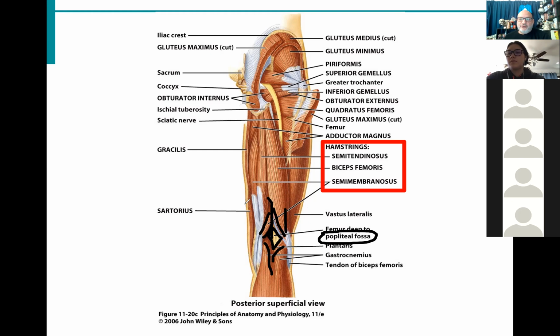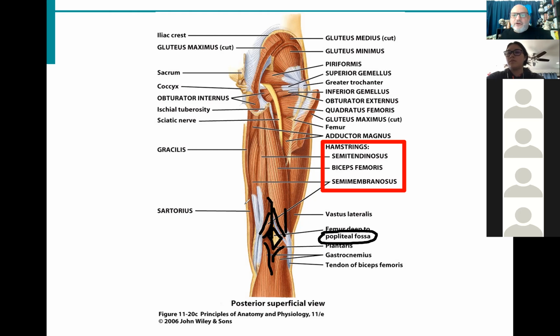So this is the muscle where they string up the hams to cure them, and that is why they're called the hamstring muscles. As I said before, meat is muscle. So this is a perfect example of that.